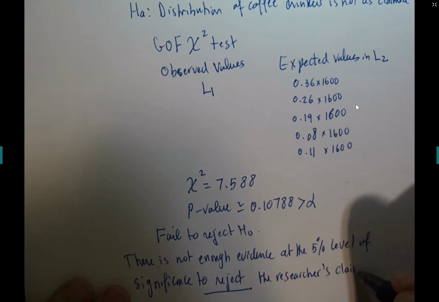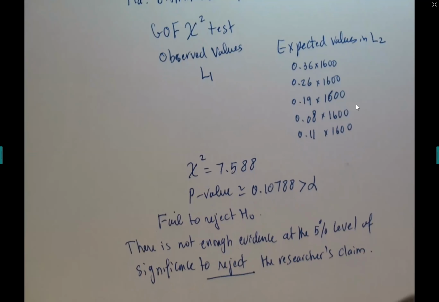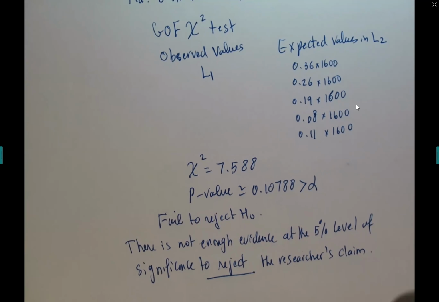And you notice, guys, there wasn't much difference between the observed values and the expected values. If you don't see much difference, likely you're going to fail to reject H0. So that concludes this question from section 10.1.